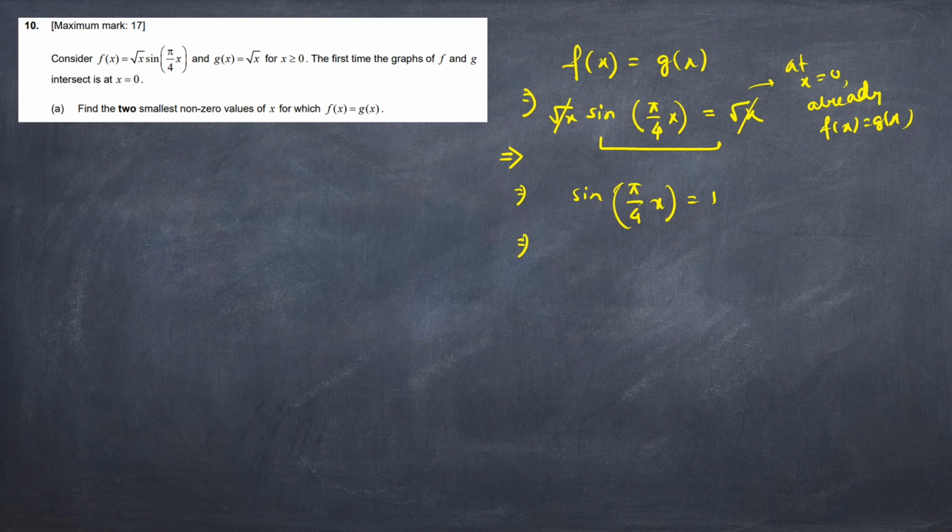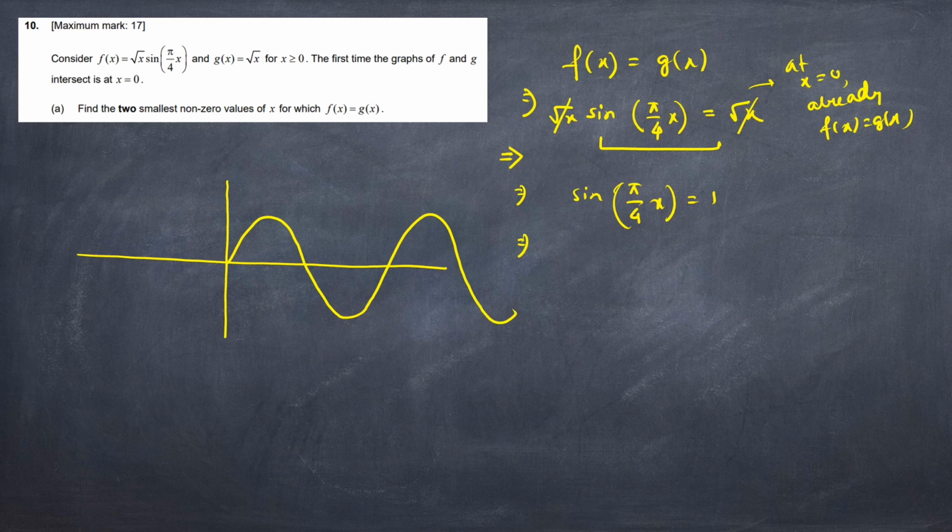So now for the values where it is 1, we will do it from the graph. I am drawing in freehand, so there may be some fluctuations, so please forgive that. So if this is the graph for sine, as you can see here, at pi by 2 the value of sine x is 1, and at this is 3 pi by 2, so obviously this will be 5 pi by 2.